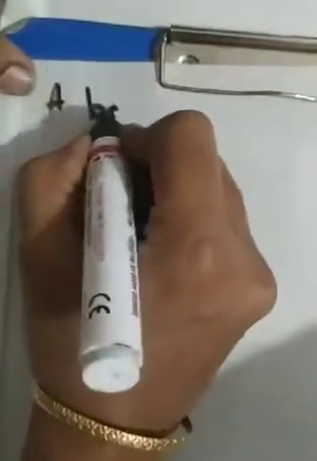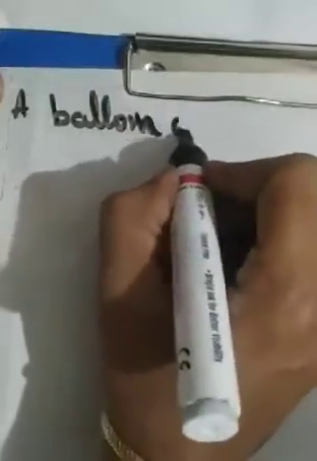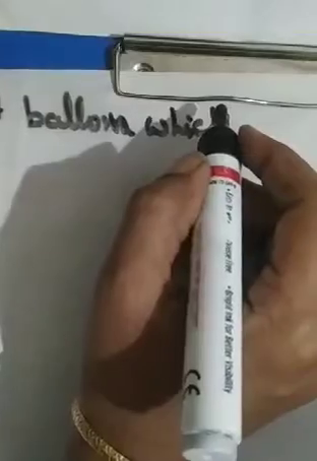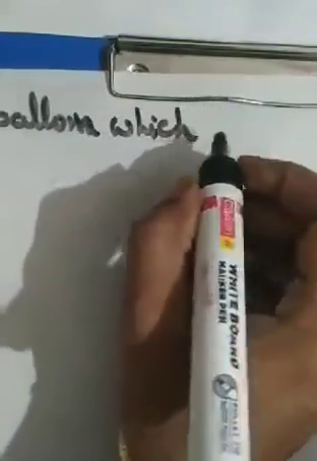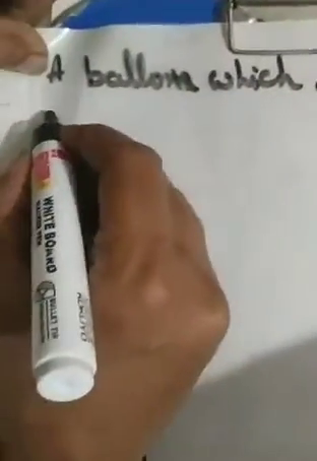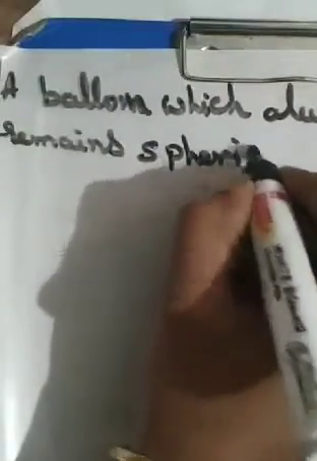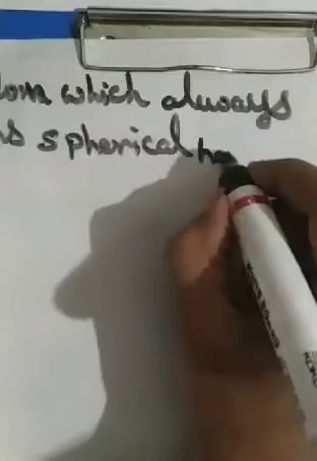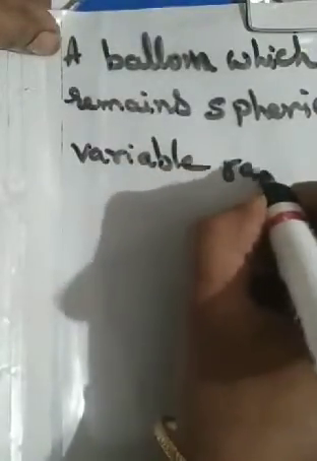A balloon which always remains spherical has a variable radius.